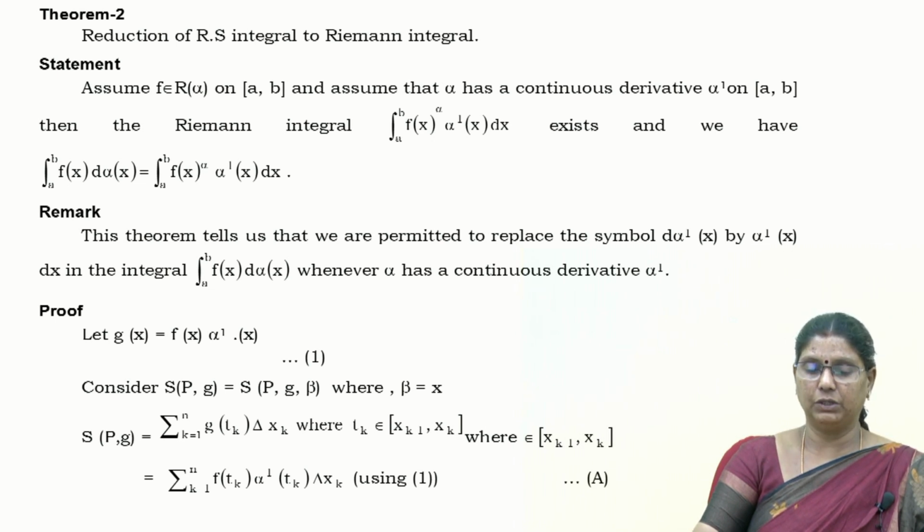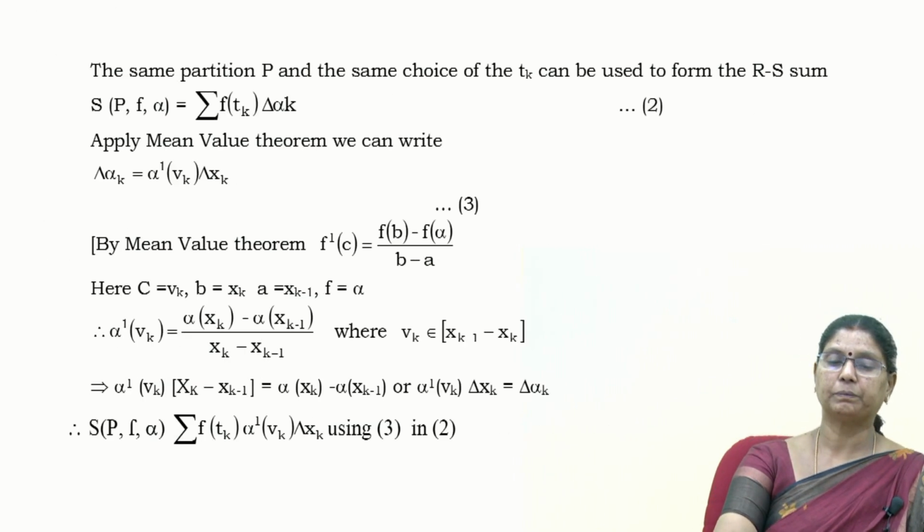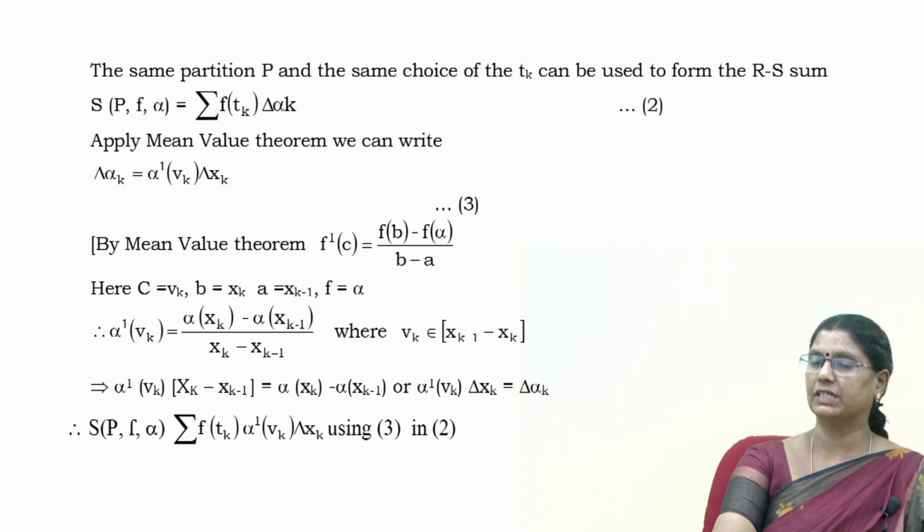This is equal to the summation of f of tk into alpha dash of tk into delta xk, by using the above equation 1. With the same partition P and the same choice of points tk, we can form the Riemann-Stieltjes sum S(P, f, alpha) as the sum of f of tk into delta alpha k.